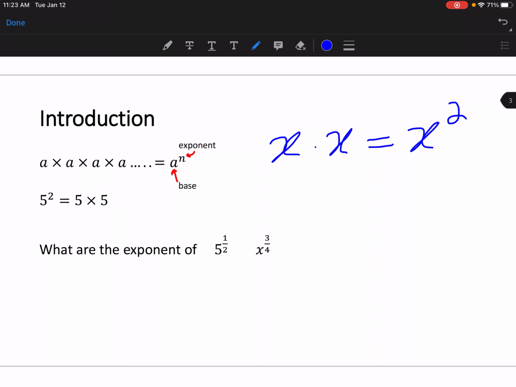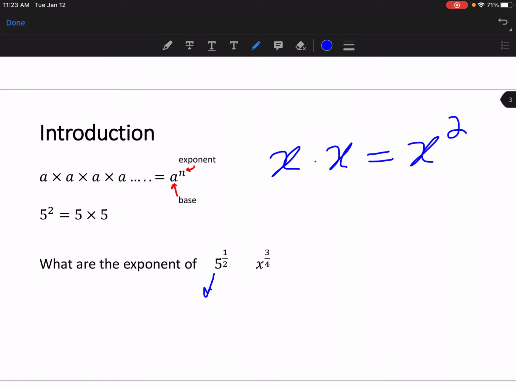If I have 5 to the 1/2 and x to the 3/4, what is my exponent for 5 to the 1/2? 5 is my base, therefore the exponent is this portion, which is 1/2.